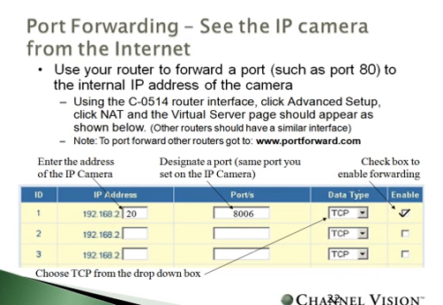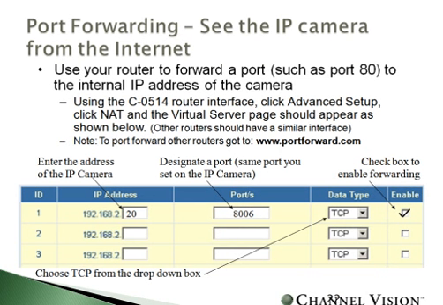Then you have to tell your router to forward to the IP address that you created in the port. This is actually a screenshot from a Channel Vision router, our C0514 router. You tell the router what you've done. The router is going to allow someone from the outside world to look at your IP camera.